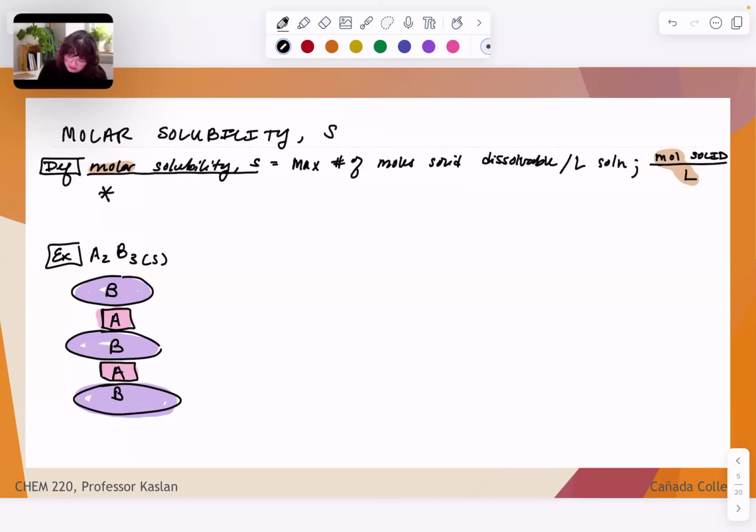I'm going to say that S relates stoichiometrically to the concentration of ions in our saturated solution.